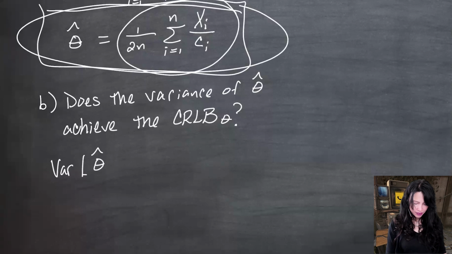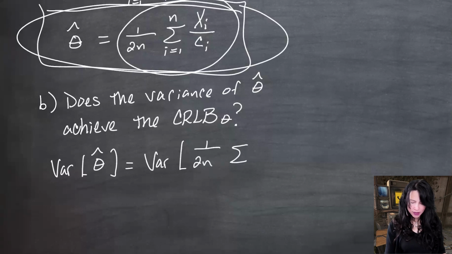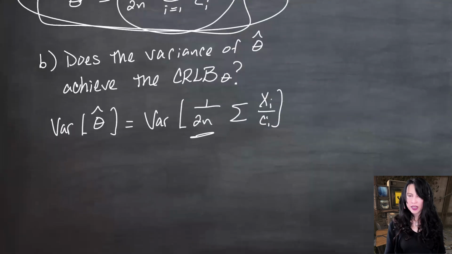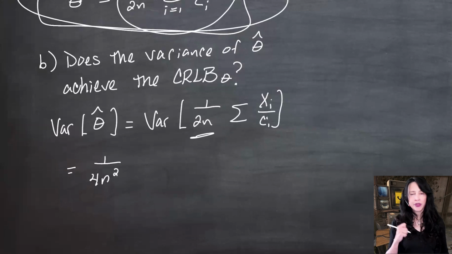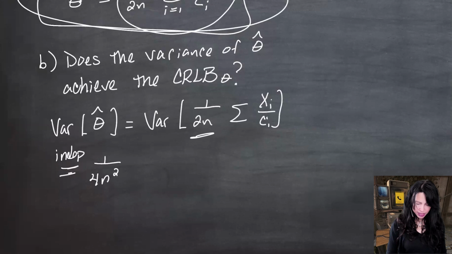The variance of theta hat, you might call it theta_n hat, is the variance of 1 over 2n, the sum of the x_i over c_i. I'm going to pull the constant out, but it comes out squared. So 1 over 4n squared. I can pull the sum into the variance only because they're independent, so you better say that.